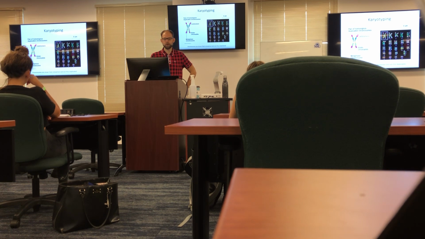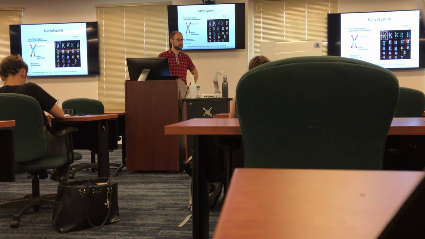These two guys over here, if you compare them, are also sister chromatids because they're attached through a centromere. So for example, when we're looking at a karyotype over here on the right, this chromosome actually represents two sister chromatids stuck together using a centromere. And this guy right next to it also represents two sister chromatids stuck together using a centromere.